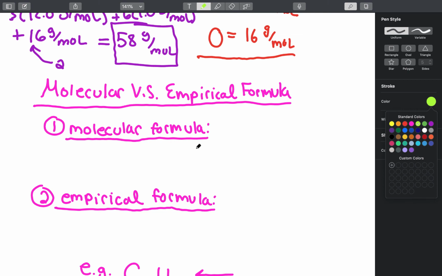So the molecular formula is a little bit different from the empirical formula.